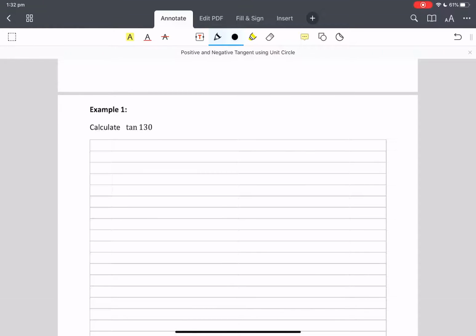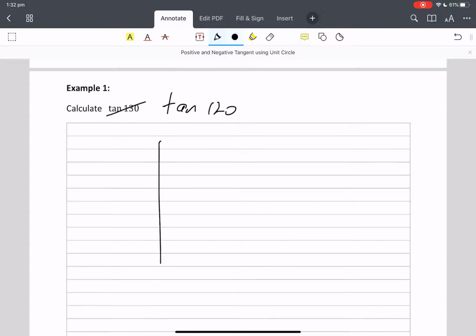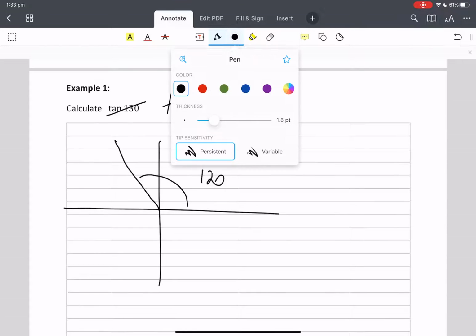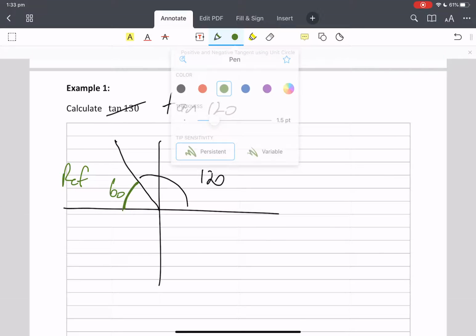Tan 130. Let's not do 130 because I don't like that. How about tan 120? Where's 120? 120 is here. So I need to get the value. So I need my reference angle. So that's 60. My reference angle is 60.